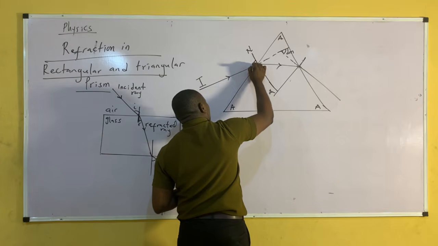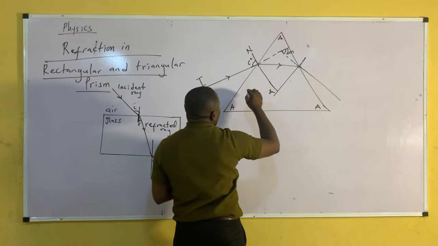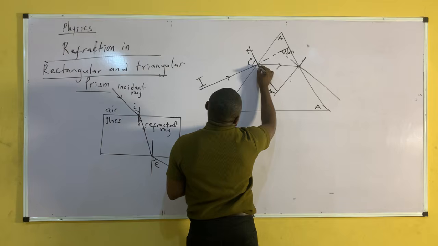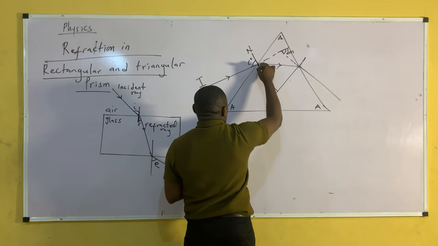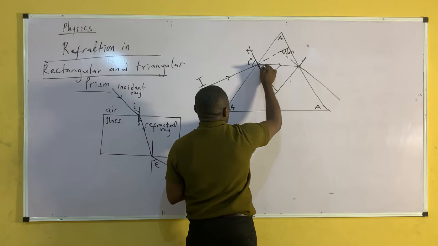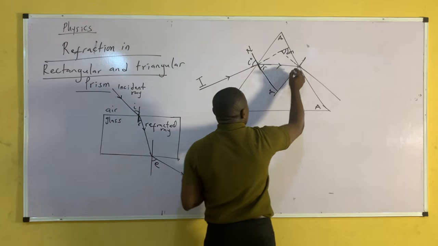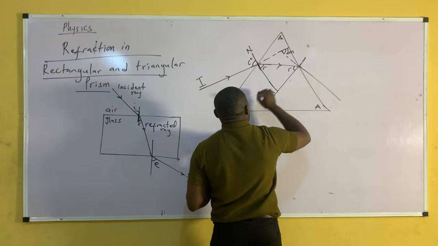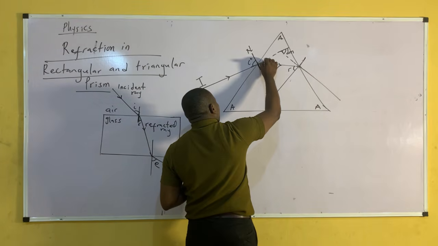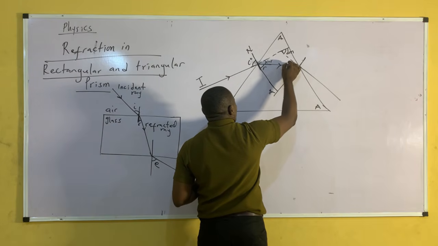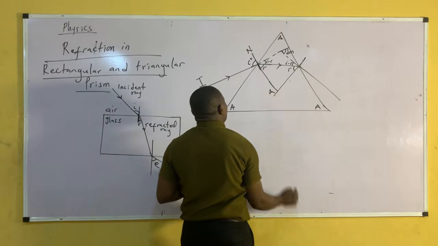The angle formed here is called the angle of incidence. While this is the normal, look at the normal here. This is the refracted ray. The angle formed here is the refracted angle. This angle here also is the refracted angle. But the angle here is i minus r, while the angle here is i minus r.